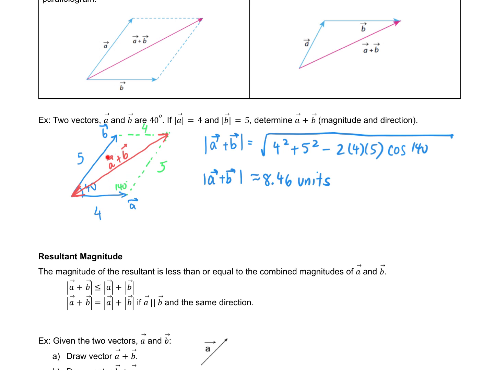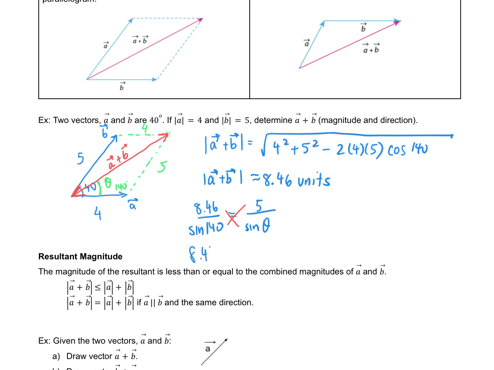And now that we have that length, that has opened up a full pair for us between the 140 and this side length here, which is going to help me do a sine law to solve for my direction. So I'm going to solve for this angle here. I'm going to just label it theta, and now I'll do a sine law. So the 8.46 matches up with the 140, so sine 140, and then the 5 is across from theta, so 5 over sine theta, and now I can cross multiply.